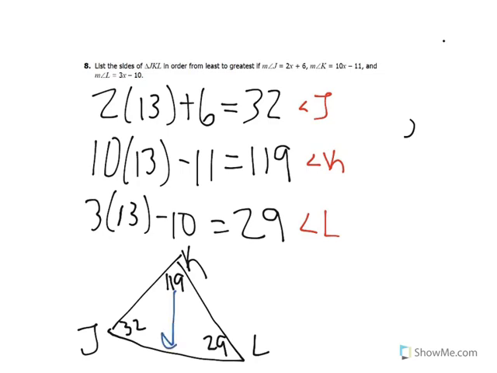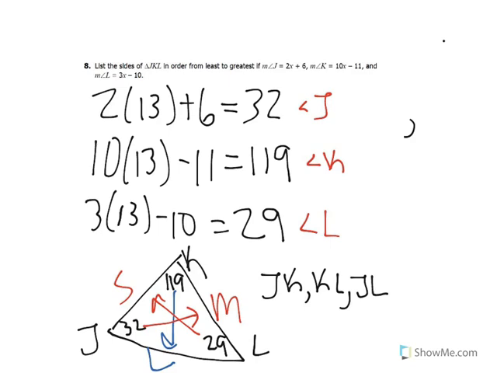So this is our largest, this is our medium, and this is our small. So now to go in order from least to greatest would be JK, KL, and JL. We go in order from smallest to largest.